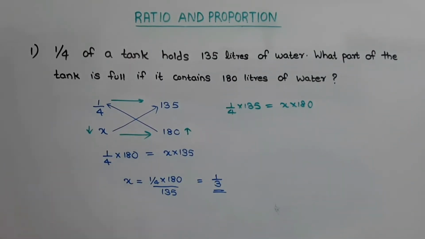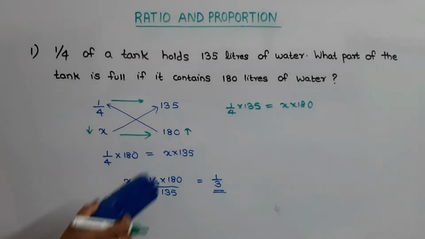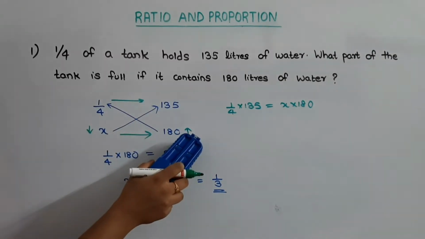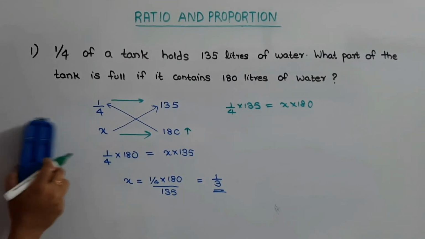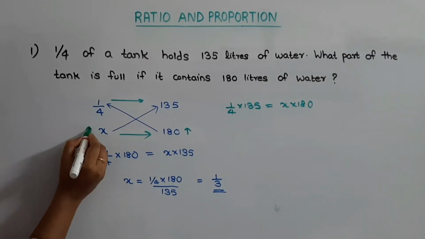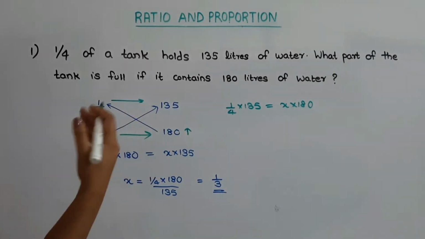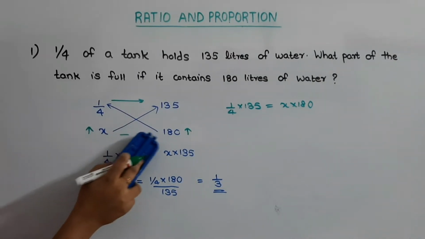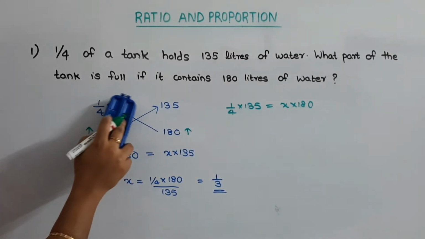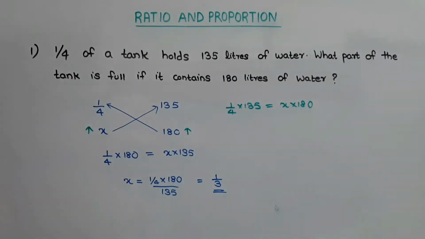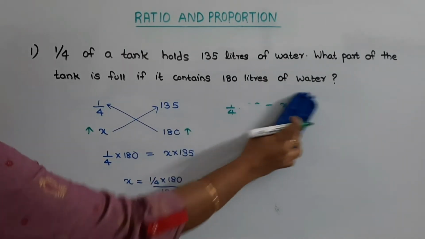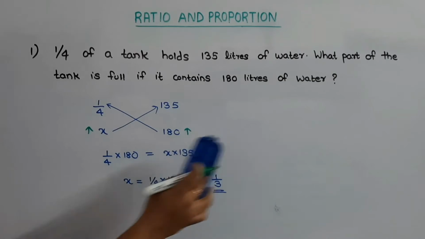But in this question we need to do cross multiplication because when this quantity is increasing, this quantity should also increase, which means these both quantities are directly proportional to each other. So whenever direct proportionality comes, we need to do cross multiplication to get the answer. This you should always keep in your mind.